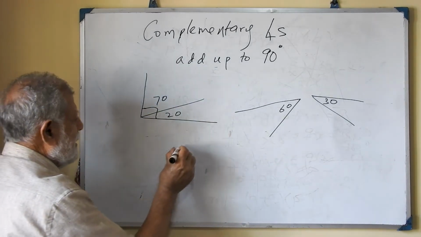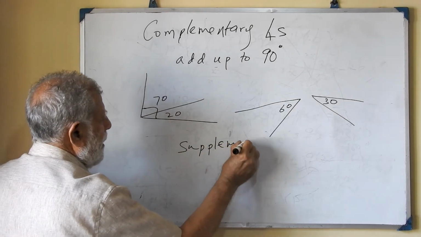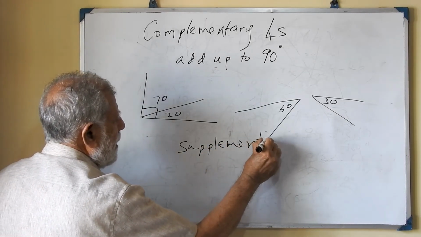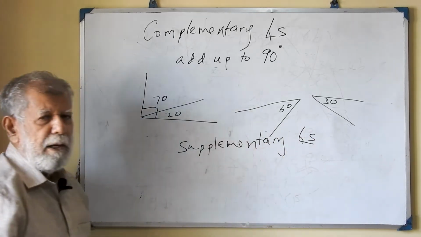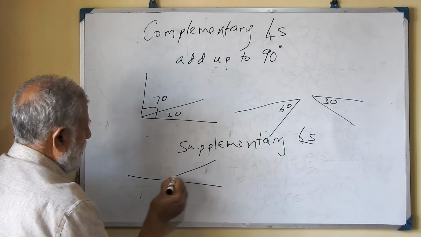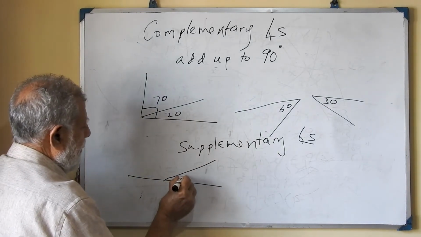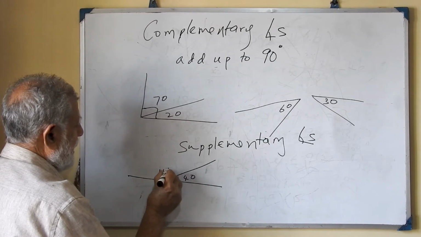Then we have something called supplementary angles. Supplementary angles add up to 180 degrees. So we have a straight line. We have two angles here, we'll say 40 degrees and 140 degrees.